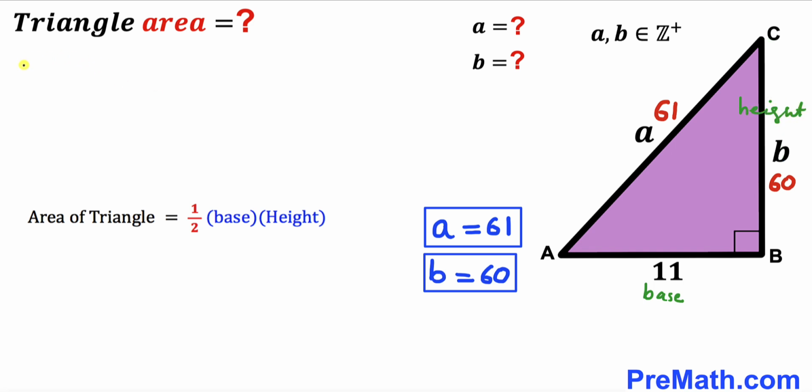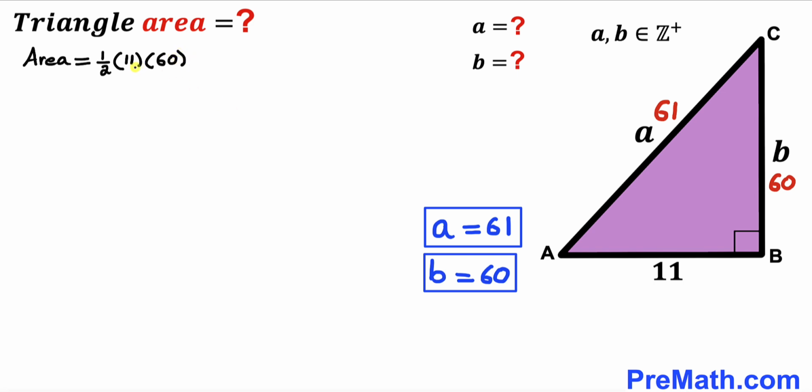So the area of triangle ABC is equal to a half times our base, 11 units, times our height, 60 units. If we simplify the right hand side, that gives us 330. So the area of this triangle ABC turns out to be 330 square units.